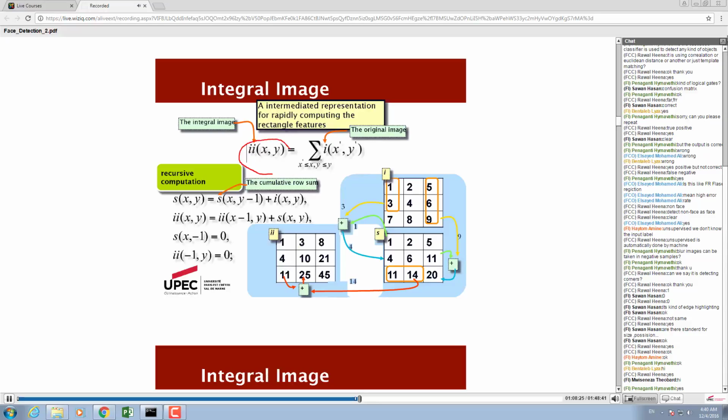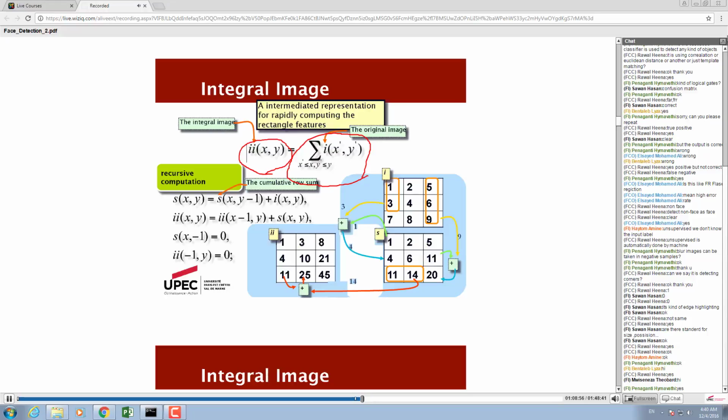So theoretically, this formula is representing the integral image, II. II means integral image. The right side is the sum of I of x prime, y prime, and so on. It is a formal mathematical formula.